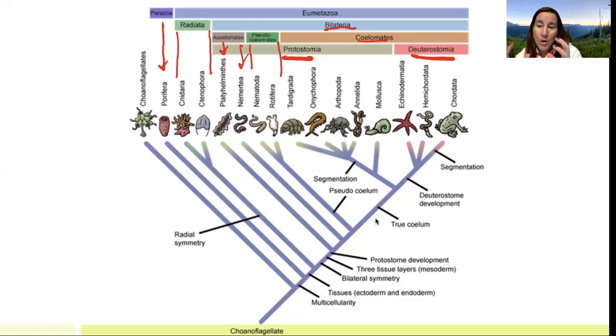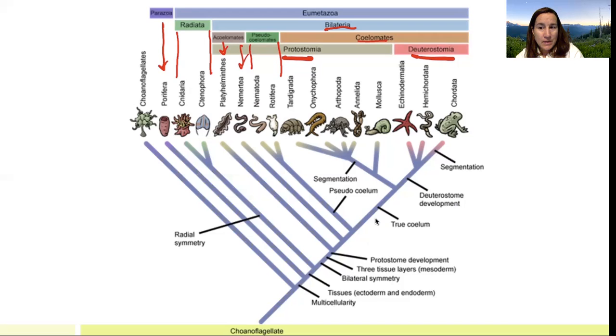And then that cell is a ball, and that ball invaginates in, and it undergoes gastrulation, and the germ layers are formed. It also starts to form that cavity, like our GI tract, that hole that goes through our whole body.